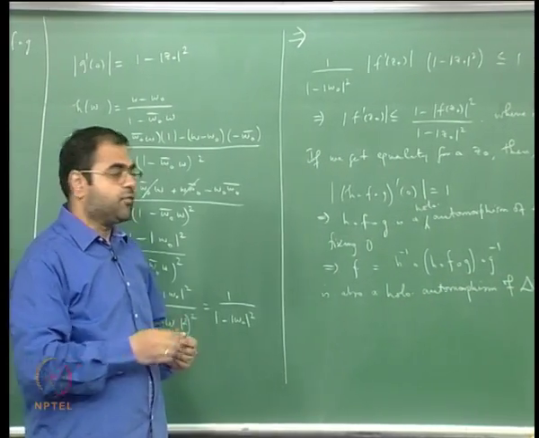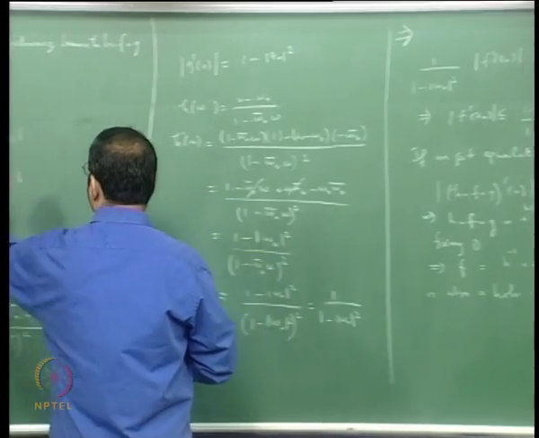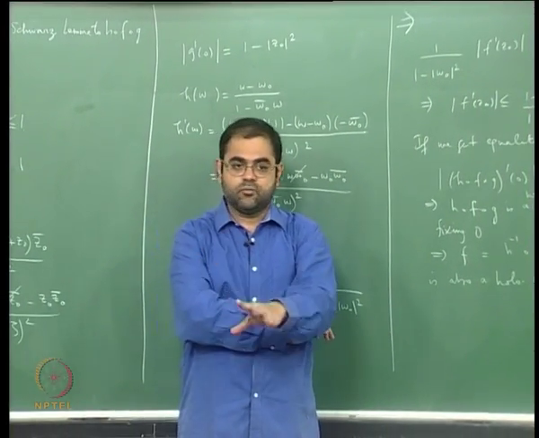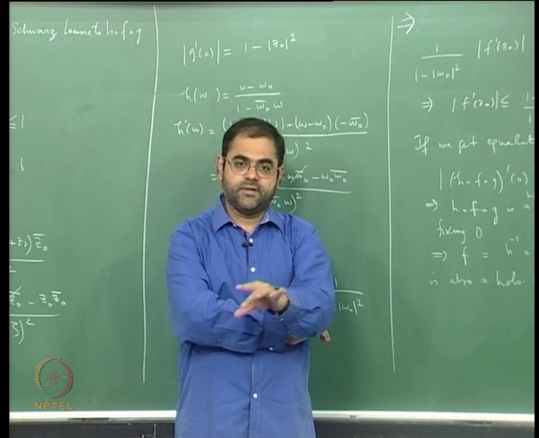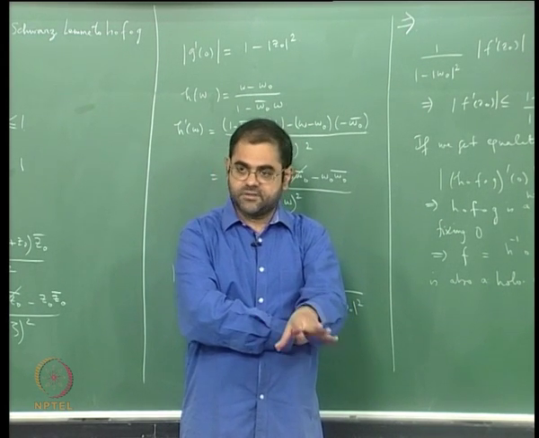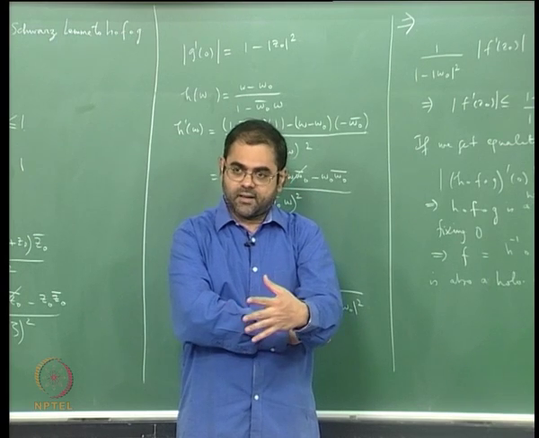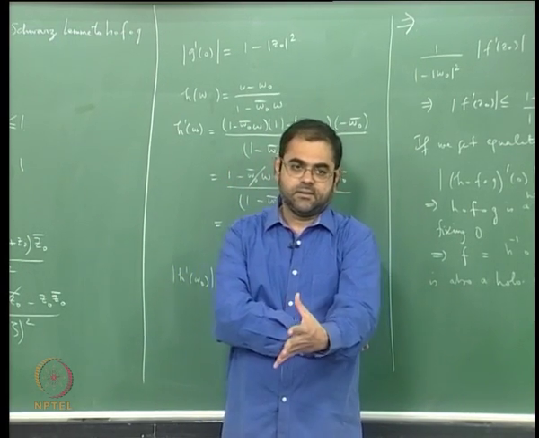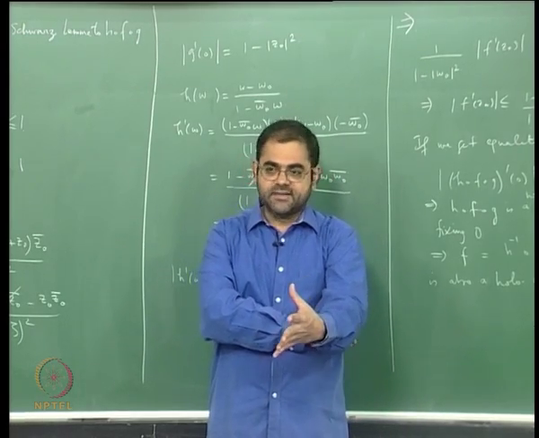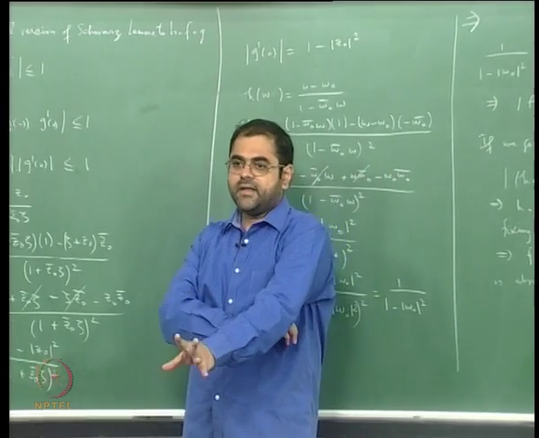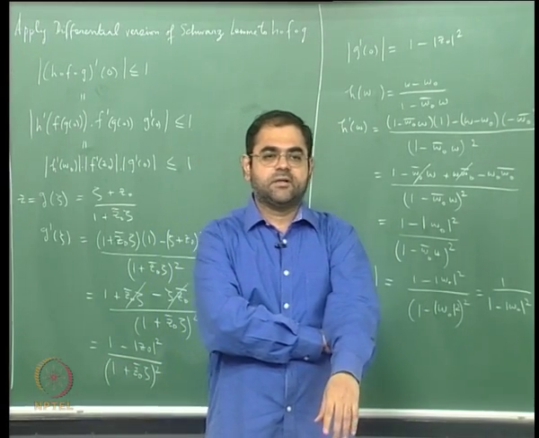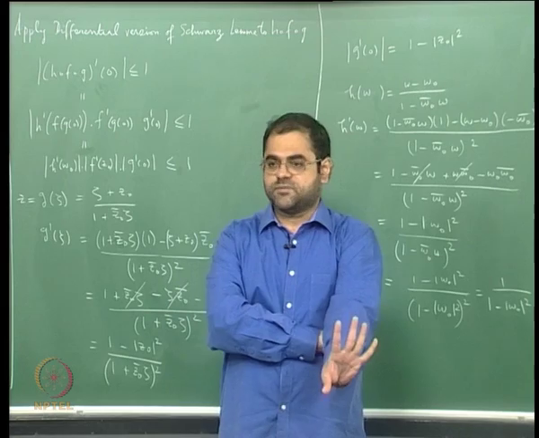So you see, both the usual version of Schwarz's lemma from the unit disk to the unit disk and the differential version are statements about inequalities. Both give you inequalities, and they tell you that you get an equality only in the case when the function you are considering from the unit disk to the unit disk is an automorphism.